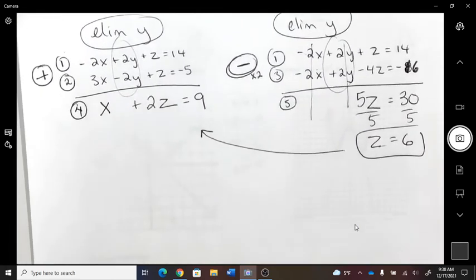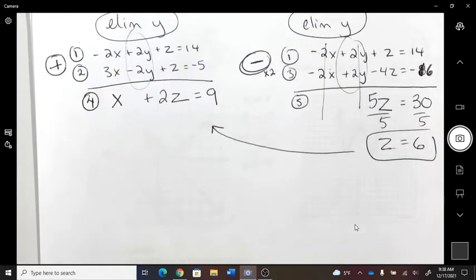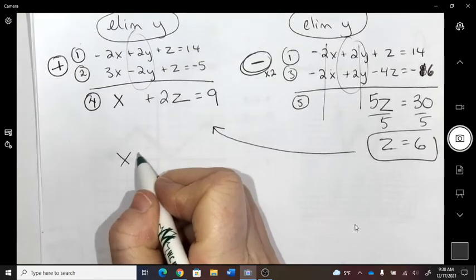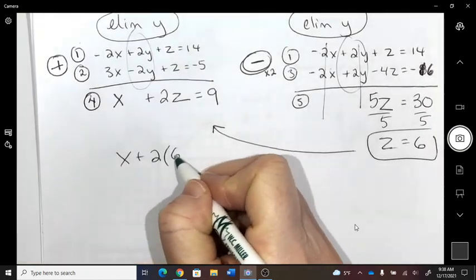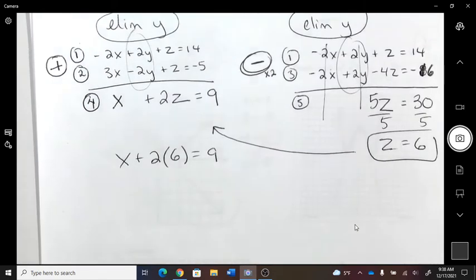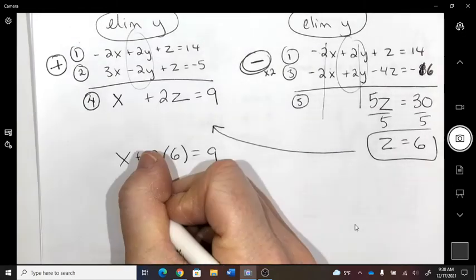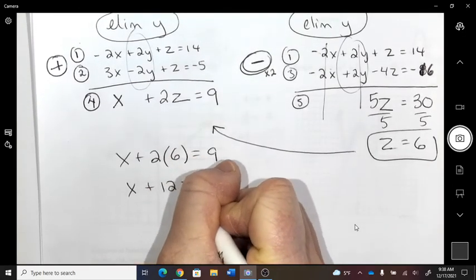So you start the plug-in process. The first plug-in is into the 4th or the 5th. Then you go up to the 1, 2, or 3. Okay, so x plus 2 z's, which I know. X plus 12 equals 9.